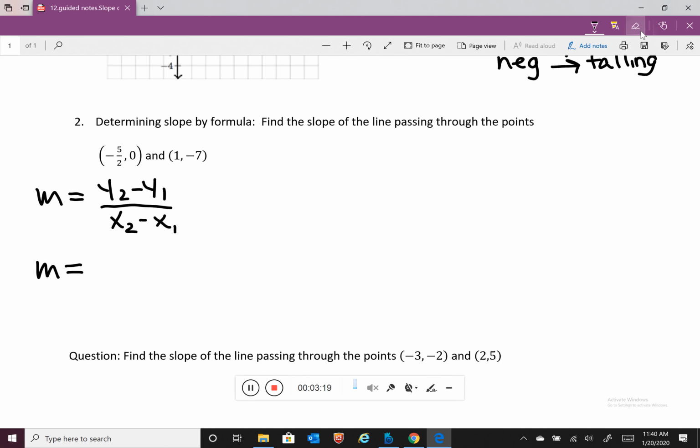First, our y2 is our second y value, so that is -7, minus y1 is our first y value, so that is 0, over x2 is +1, minus our x1 is negative -5/2. A lot of arithmetic work in this problem.